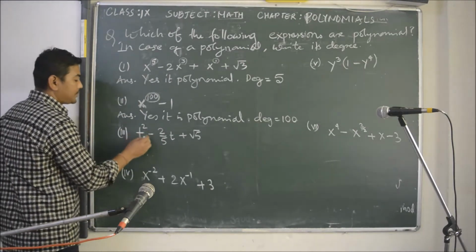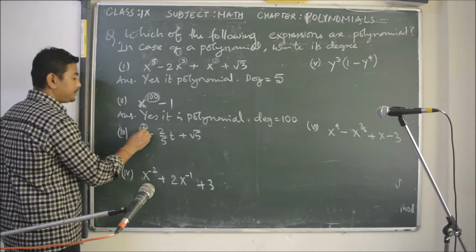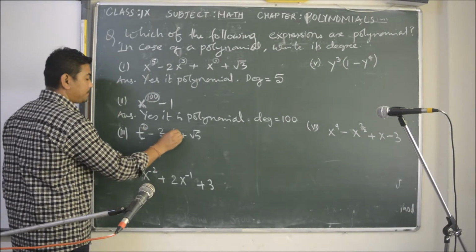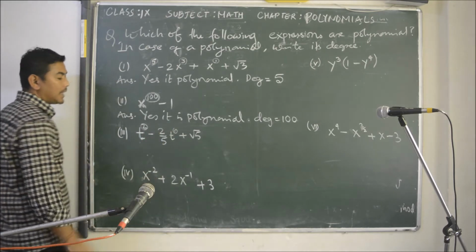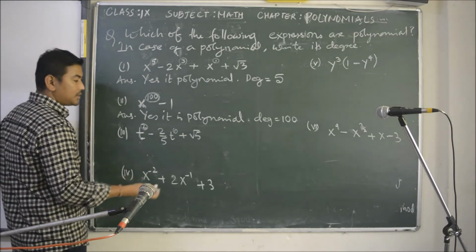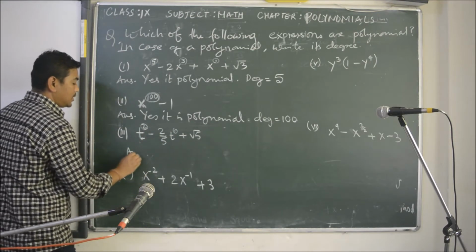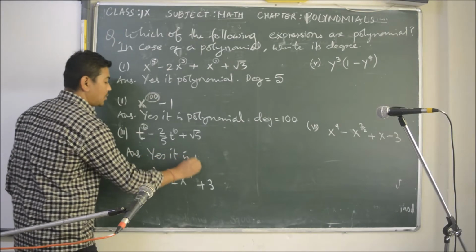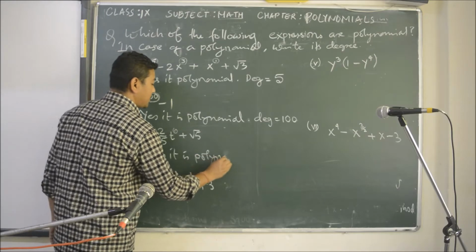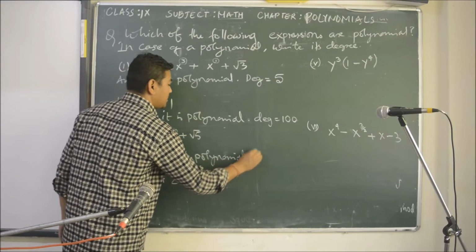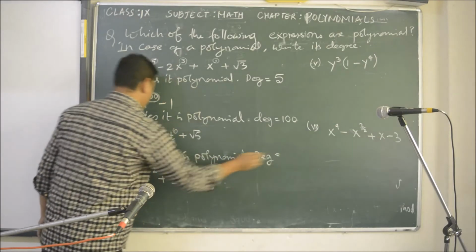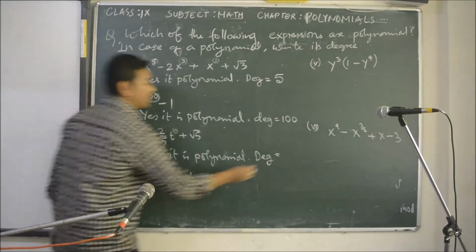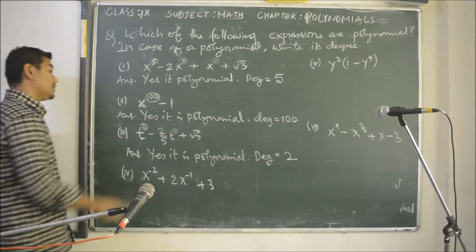Here we have t to the power 2, t to the power 1. So 2 and 1 are again positive integers. So yes, it is also a polynomial. And about the degree, just look at the highest power here. Here 1, here 2. So the highest power of t is 2. That is why the degree is 2.